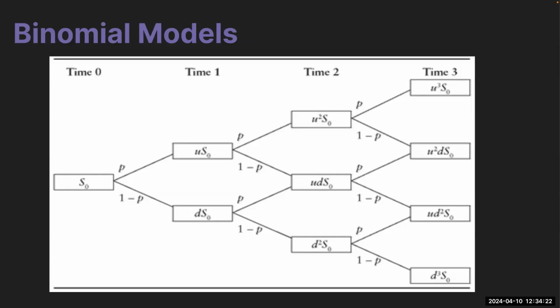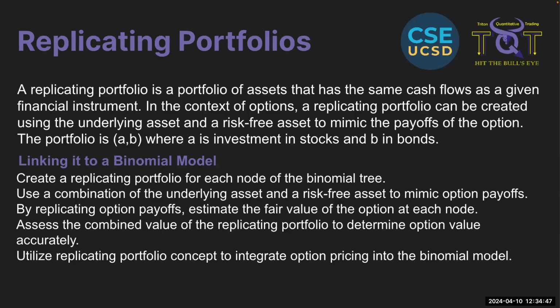As I told you, at time 3 you would calculate your payoff, whether it was a call option or a put option, depending on your strike price. So now at time 2, at all of these nodes, you would try to create a replicating portfolio that would give you the same payoff as this option would give you, but using bonds and stocks instead of signing the option contract.